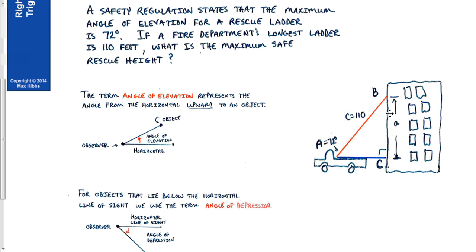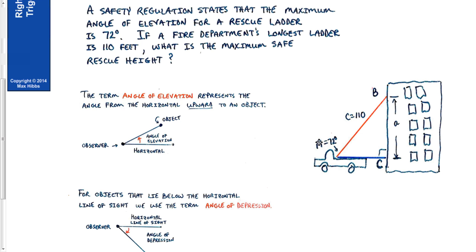What is this distance? So we're looking for this distance A, and then maybe we could add the extra piece down here, but that's not part of this problem. So if you notice, this ends up being the hypotenuse, and this horizontal of the truck is a leg, and this vertical along the building is the other leg.